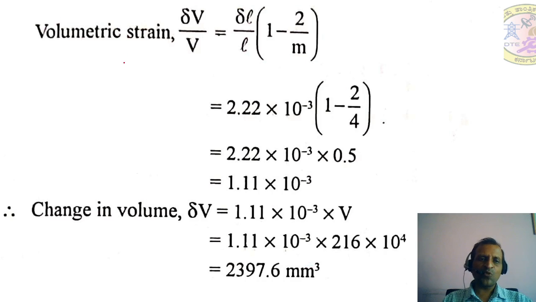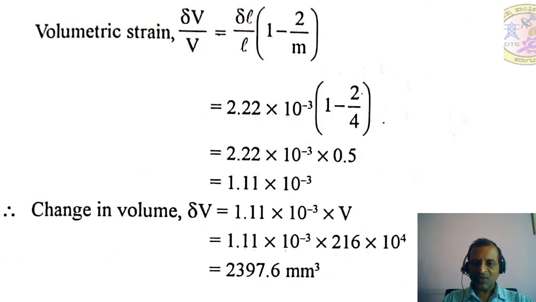So next is volumetric strain. Volumetric strain means delta V by V. So that is delta L by L into 1 minus 2 by m. So that means it is epsilon L. Substitute the value of delta L by L, that is epsilon L here, 2.22 into 10 to the power of minus 3. So 1 minus 2 by 4. Right?